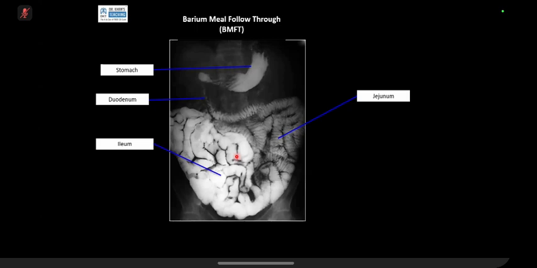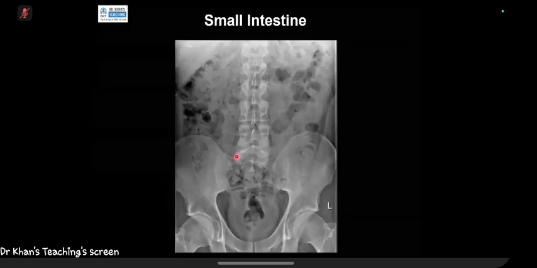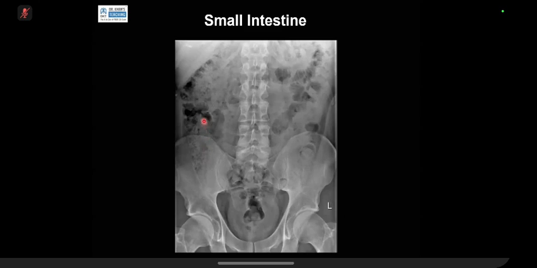So this is the mucosal folds. On a plain abdomen, if you ask yourself, where is this gas? This is that bubbly type of appearance, and then it is peripheral. So this is the cecum and the ascending colon. This is feces. Please remember, feces happens in the large bowel.